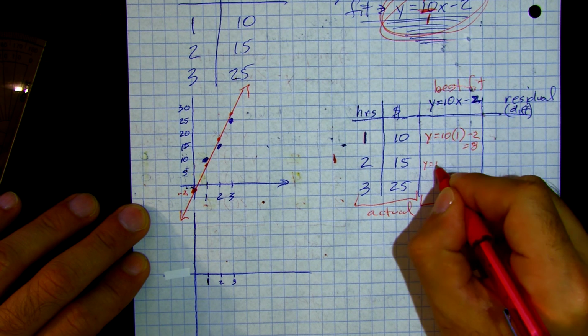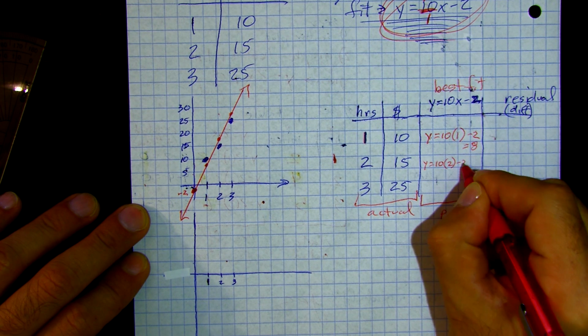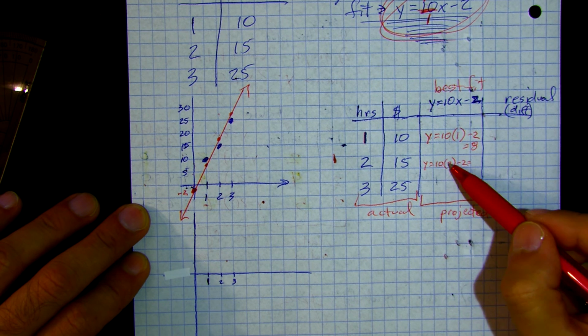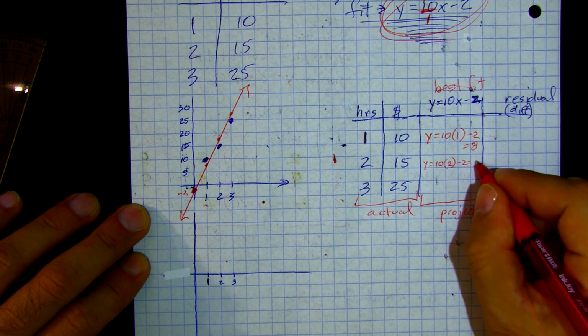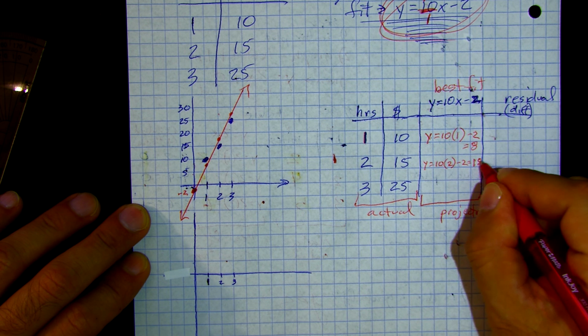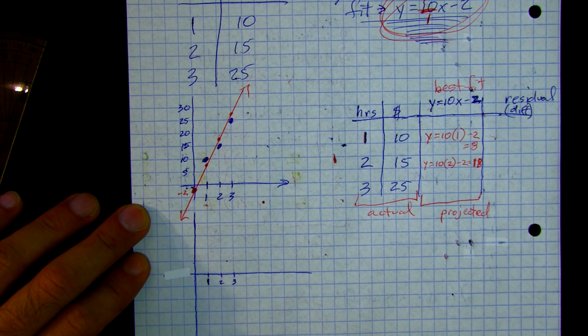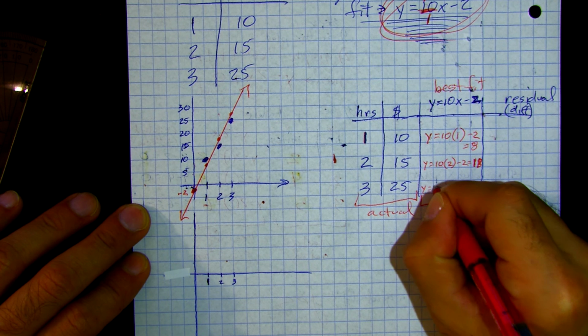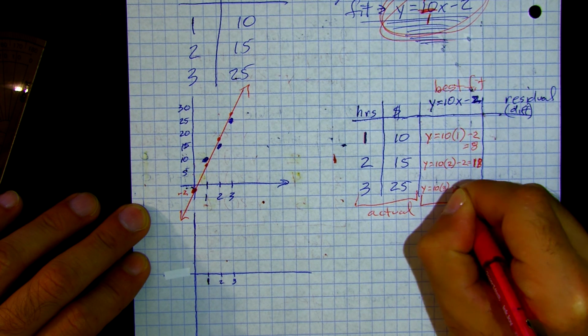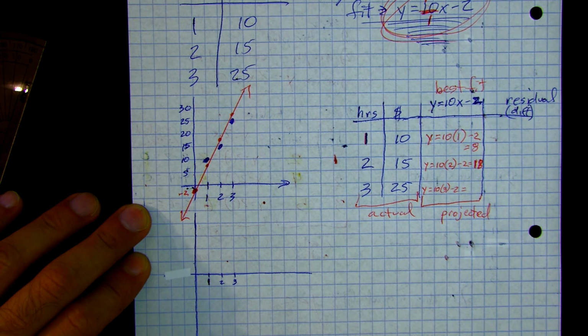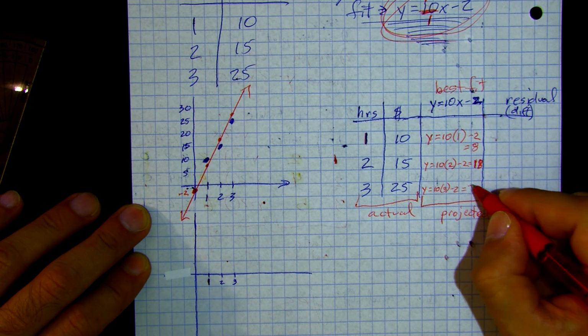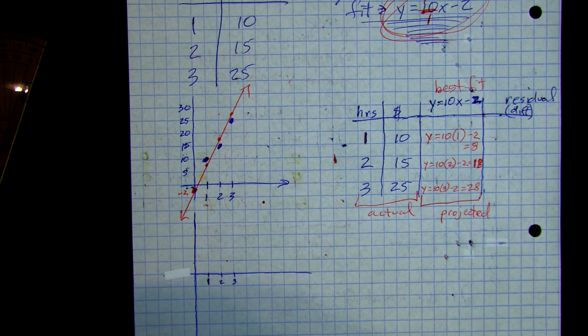Y is equal to 10 times 2 minus 2, and that equals 20 minus 2, which is 18. All right, let's plug in 3. Y is equal to 10 times 3 minus 2. 10 times 3 is 30, minus 2 is 28. Okay, so here's what we have. I'll let you get caught up.